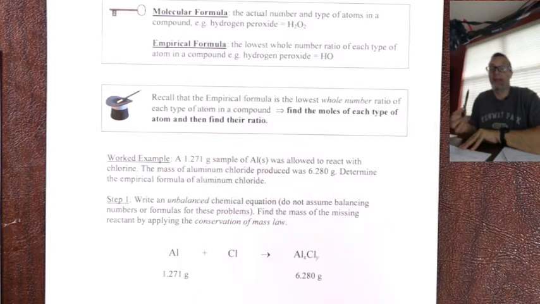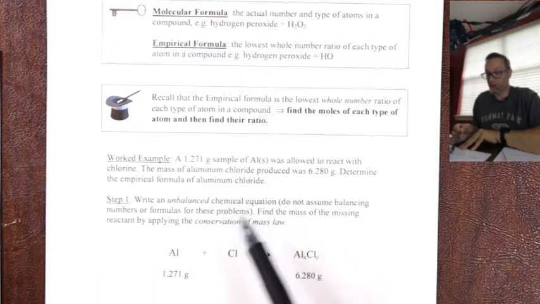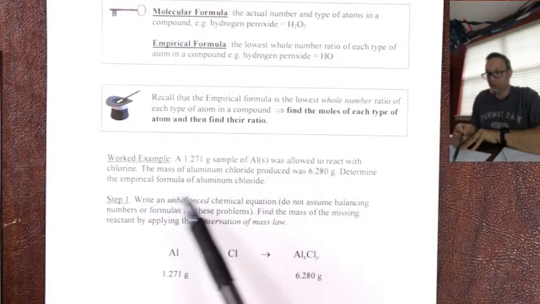Now, remember, we're working out formulas, so we purposely write an unbalanced equation. Some aluminum plus some chlorine makes some aluminum chloride of undetermined formula. All we're really interested in at this point is the mass of the reactants and the mass of the products. So, determine the empirical formula of the aluminum chloride.